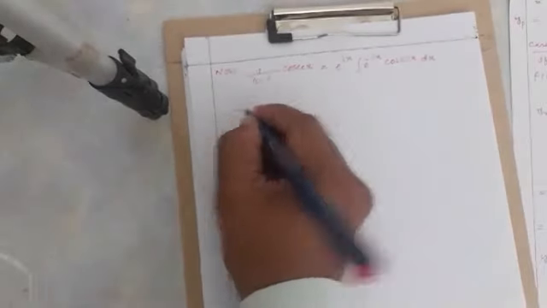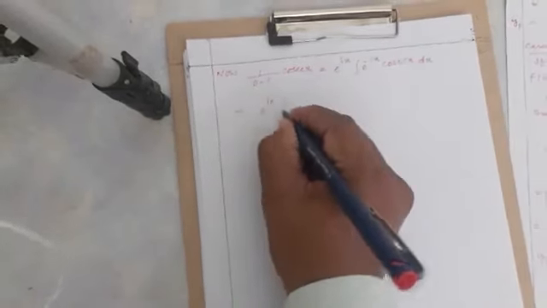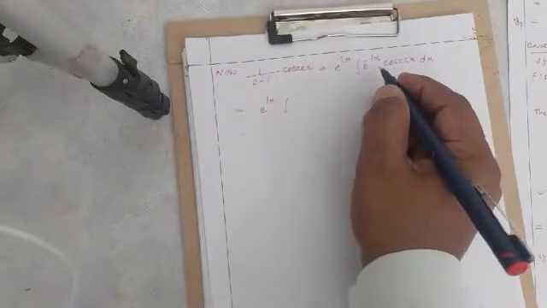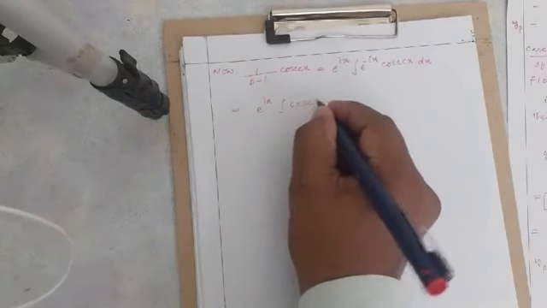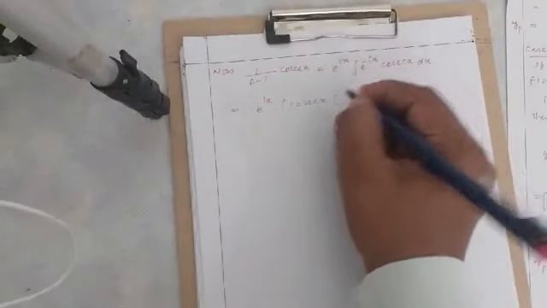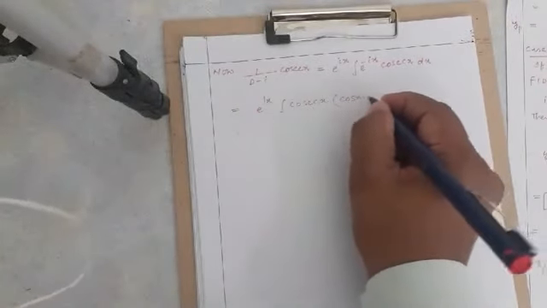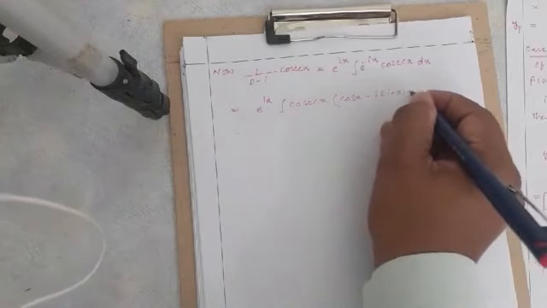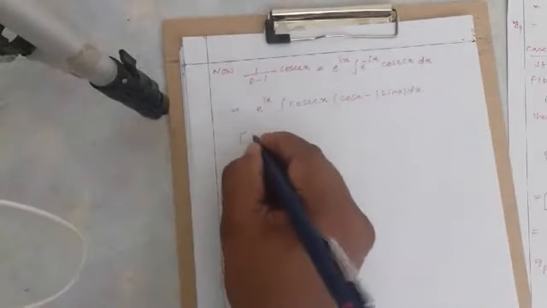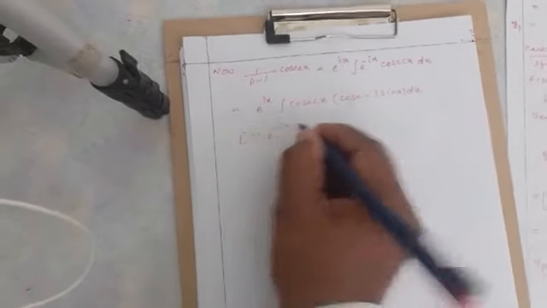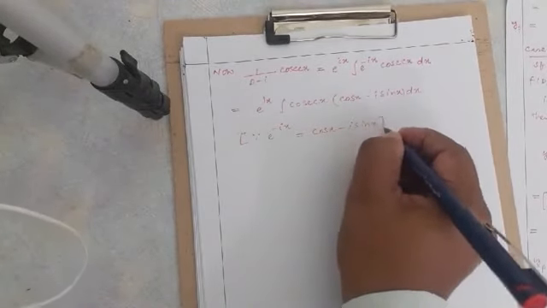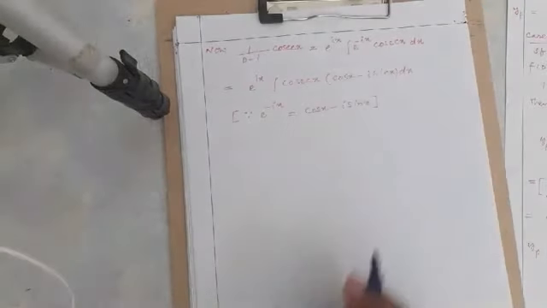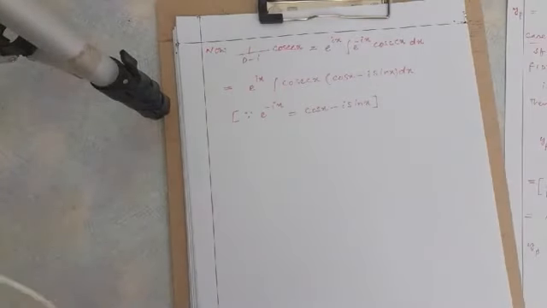Then here I can write this is equal to e power ix integral, as you all know, you have studied in your intermediate, e power minus ix can be written as, I am writing cosec x first here, and then e power minus ix is nothing but cos x minus i sin x dx. Here I am writing it since e power minus ix is equal to cos x minus i sin x. So in place of e power minus ix, I have written cos x minus i sin x.